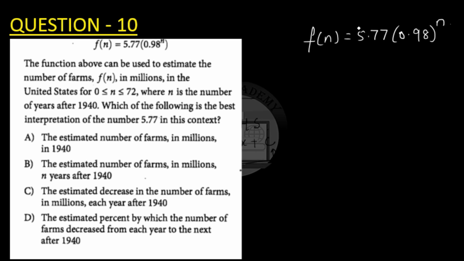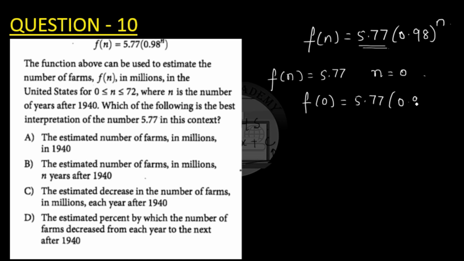And what is n? N is how many years have happened after 1940. So they want us the interpretation of 5.77. When will our f of n become 5.77? It will become 5.77 when n is 0. Am I right? When we substitute n as 0, so f of 0 is 5.77 into 0.98 to the power of 0. Anything raised to the power 0 is 1.